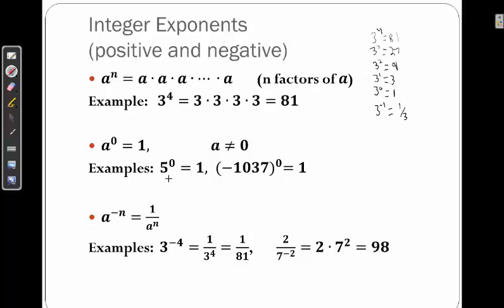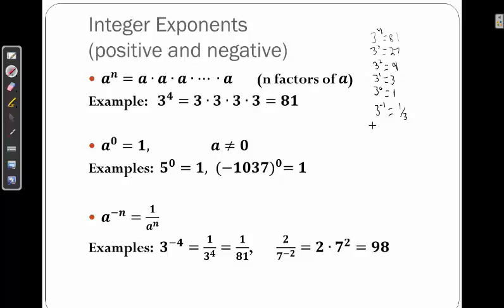And that's what this says. Any number to the 0 power is going to be 1 except 0. 0 is the only exception. 0 to the 0th power is undefined.